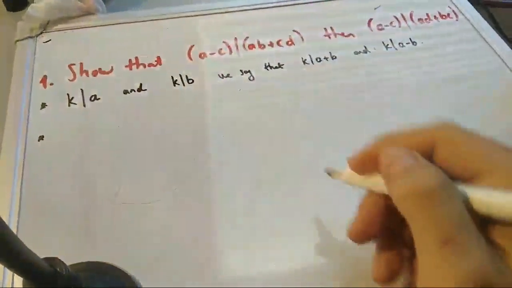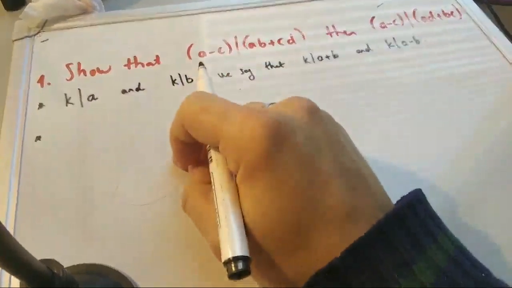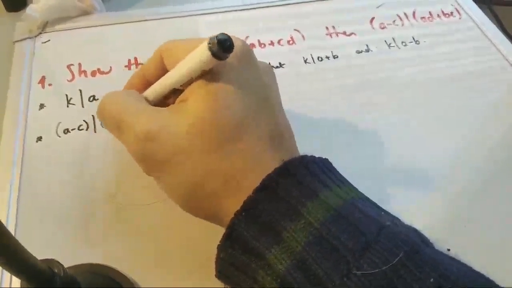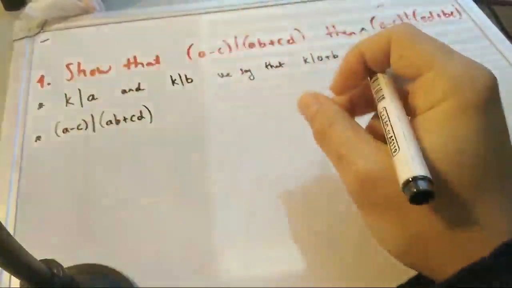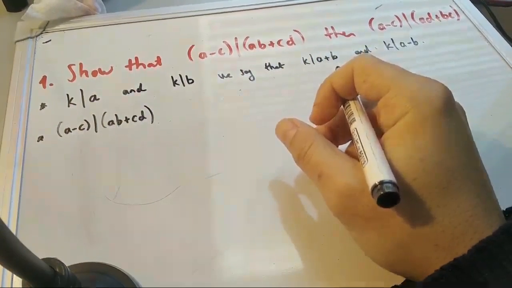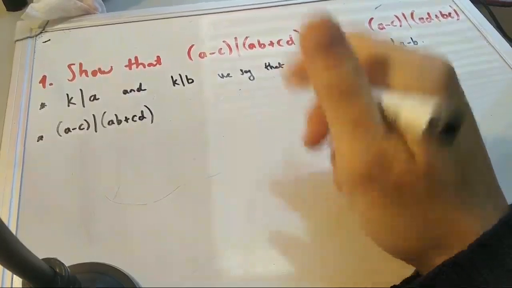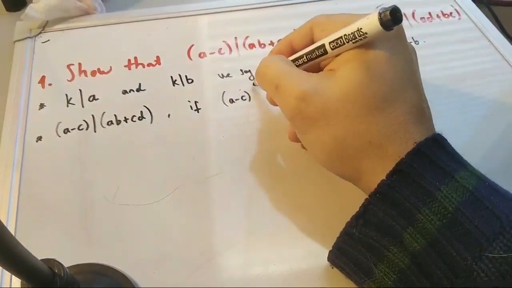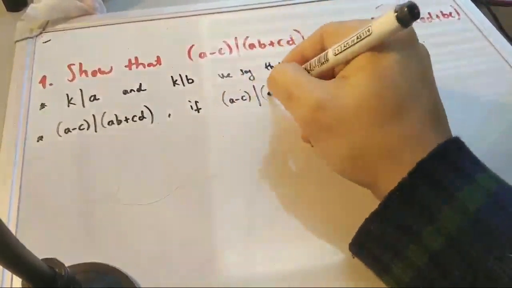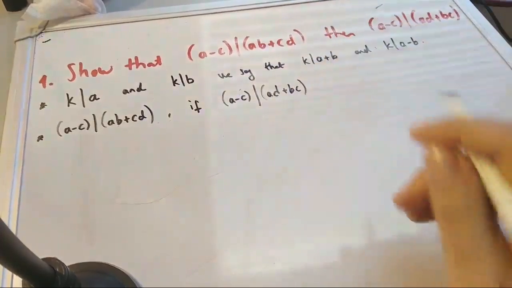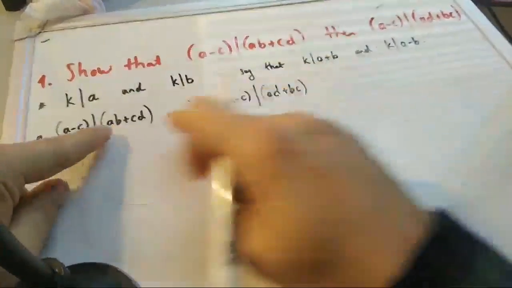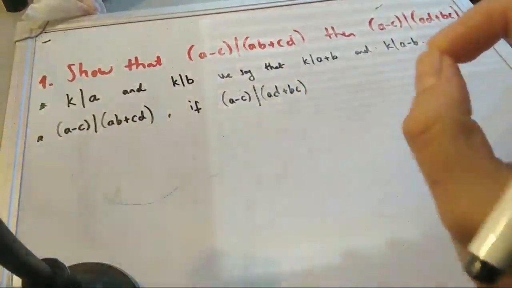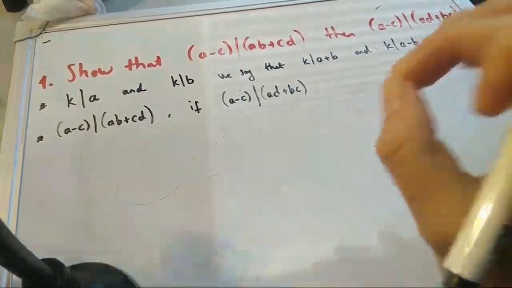So in this case, ab plus cd is divisible by a minus c. And if a minus c divides ad plus bc, when we take the difference between ab plus cd and ad plus bc, the difference must also be divisible by a minus c.